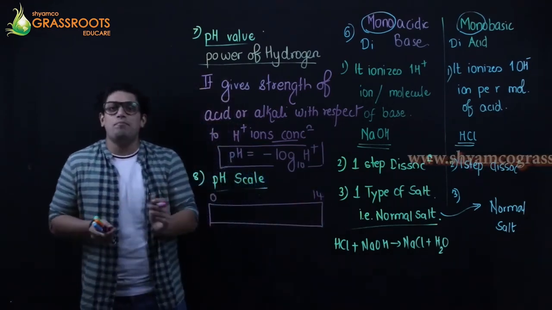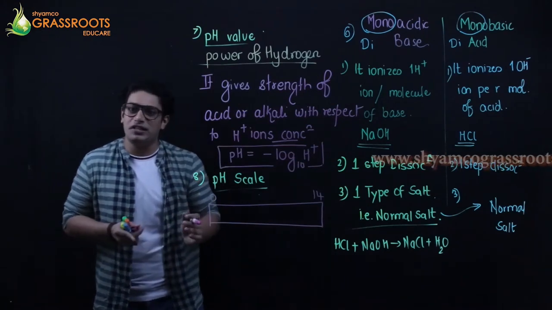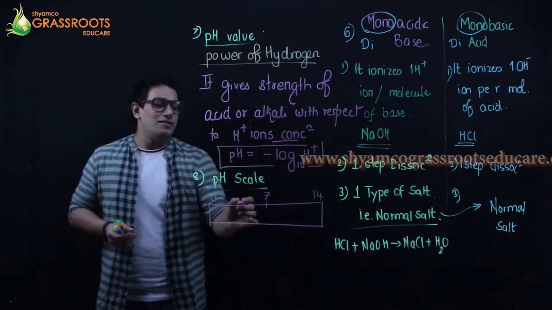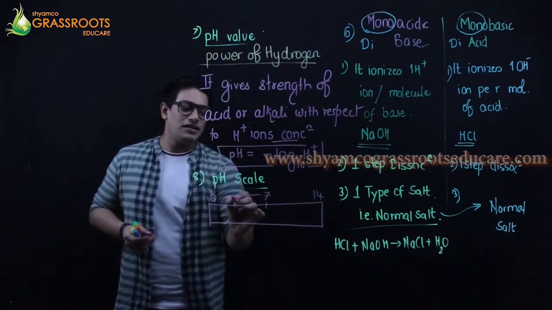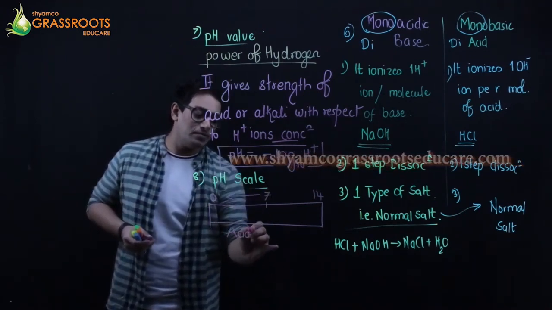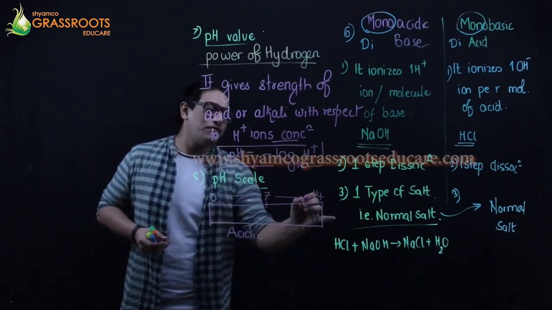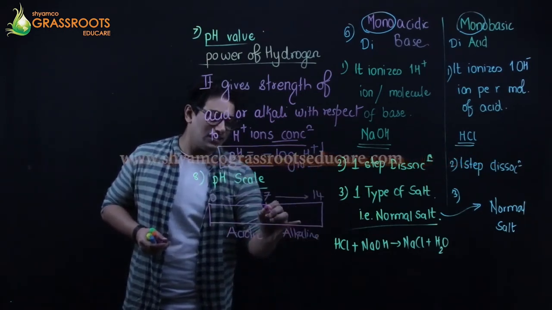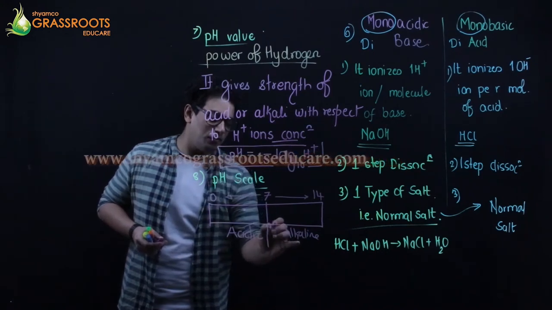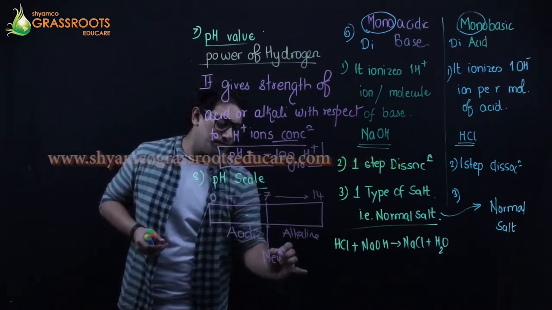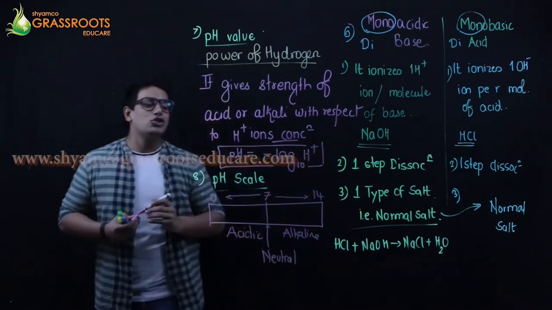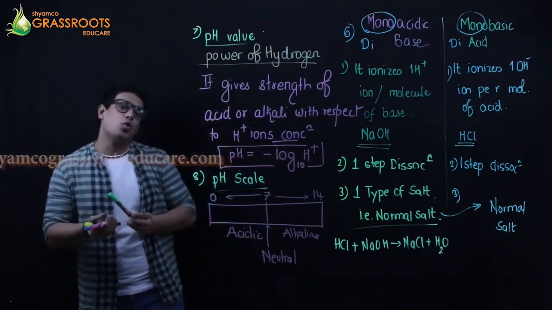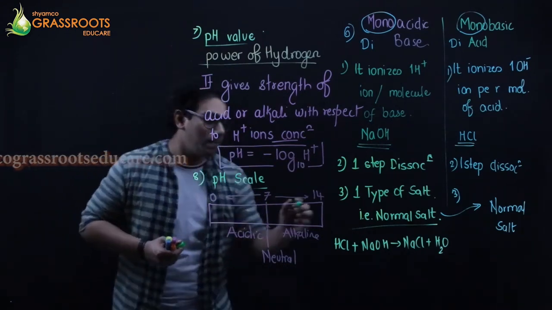pH scale में एक number system जैसा है 0 से 14 तक, and 7 is the center. Less than 7 is considered to be acidic. More than 7 is considered to be alkaline, and 7 is like a mid reference point which is neutral. And इसका जो pH scale या जो pH strip है, इसका जो color coding है, it is Vibgyor.